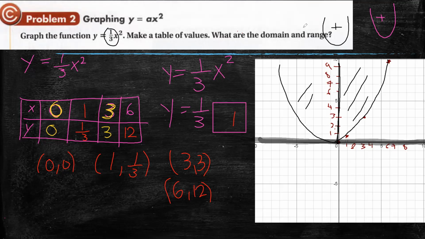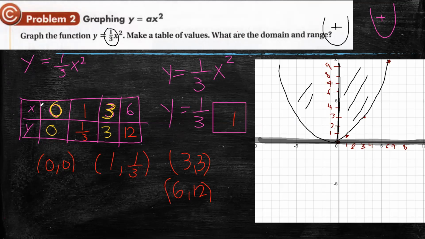Now, look at the domain here. Is there any point that I have a problem with? No. I can use any real numbers. Is it right? Yes. So if I choose 0.1 or 3 or 6 or 12 or -7 or -100, there's no problem.